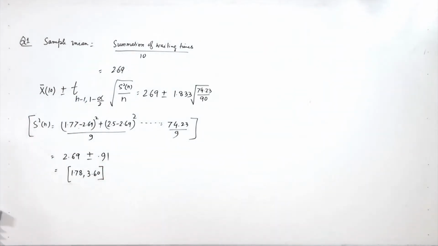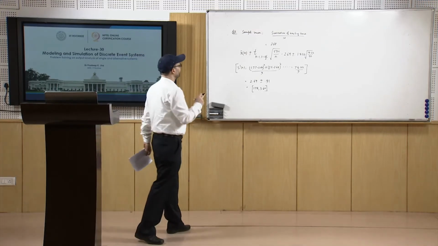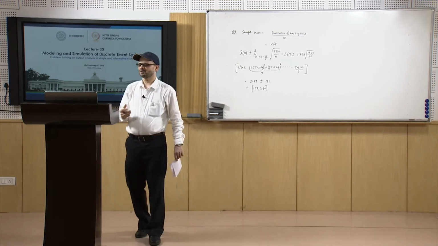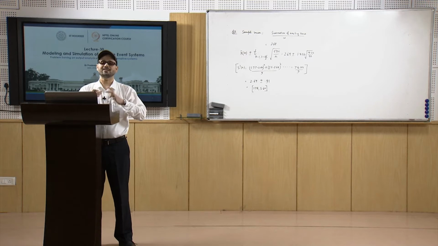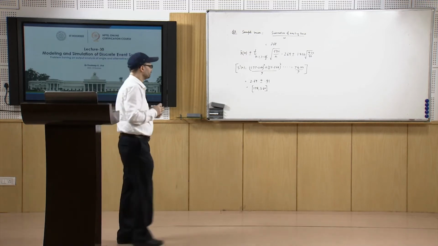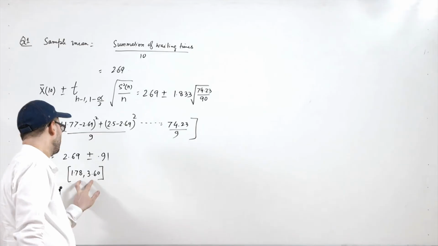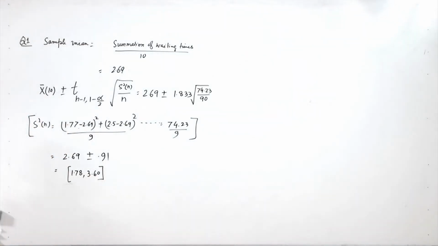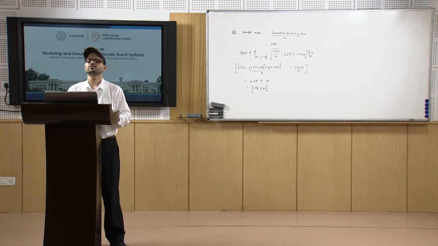So, this is the confidence interval you get, with 90% of confidence basically. So, with 90% of confidence you can say that the value will lie between this and this. So, that is the way of solving such questions.